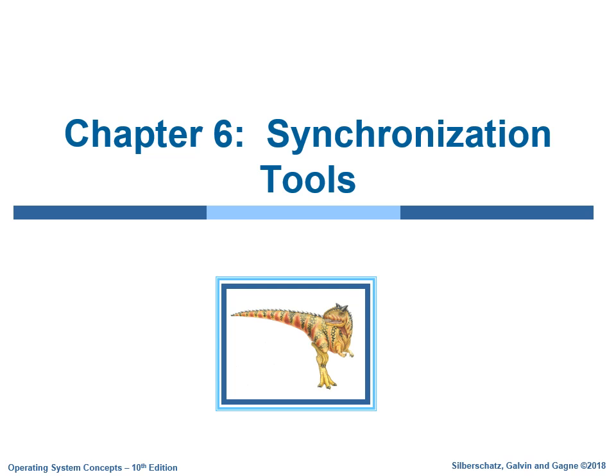Therefore, in this chapter, you will discuss the various mechanisms to ensure the orderly execution of cooperating processes that share the logical address space, so that data consistency is maintained.